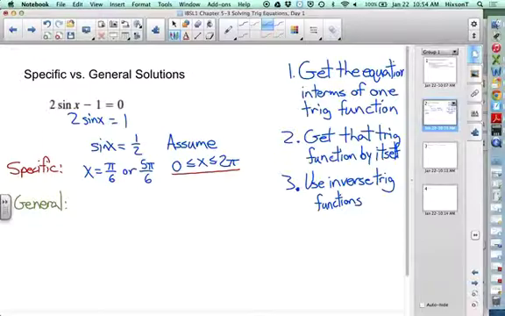What other angle looks just like pi over 6? 390, or that would be 13 pi over 6, right?